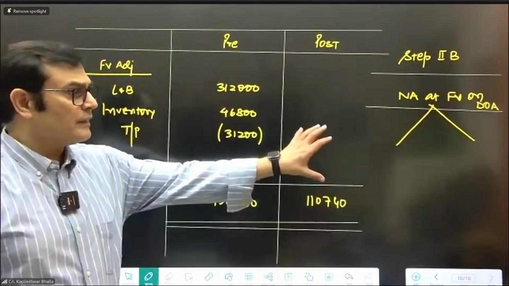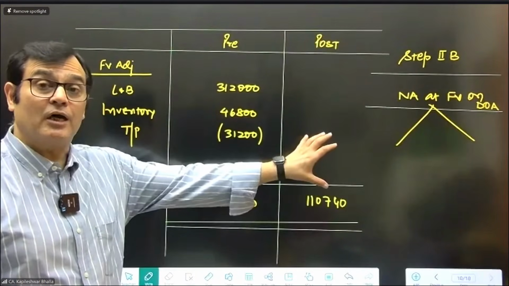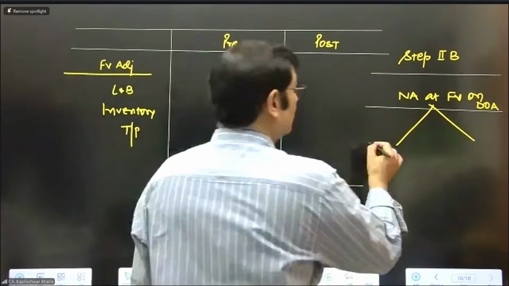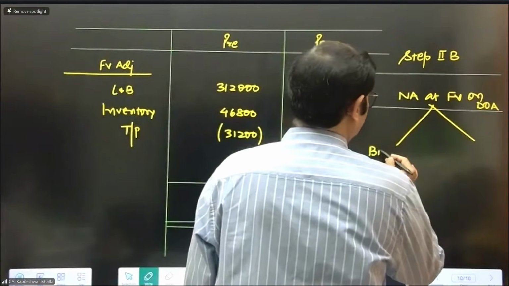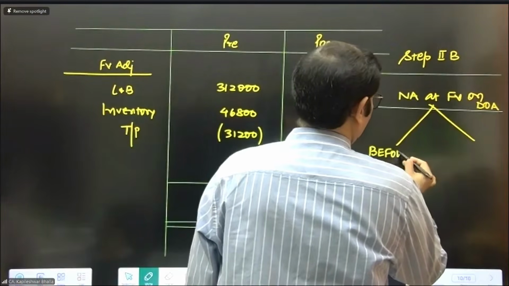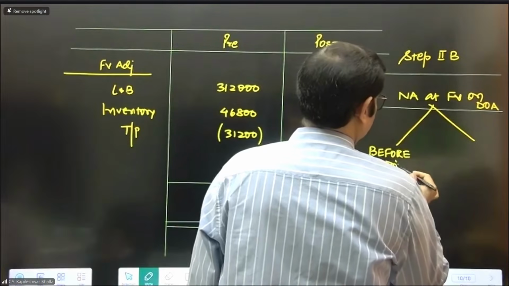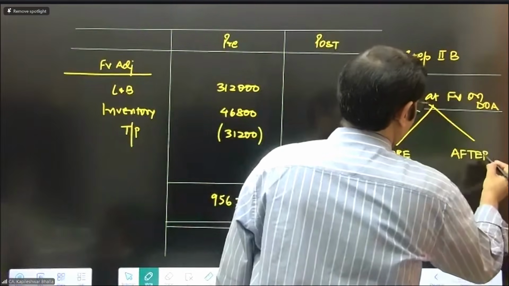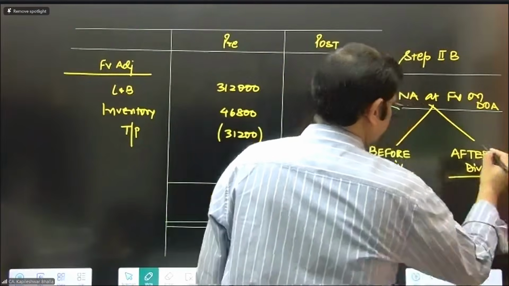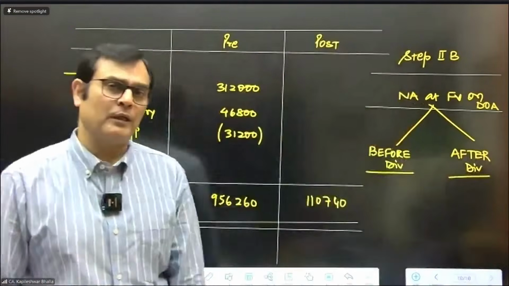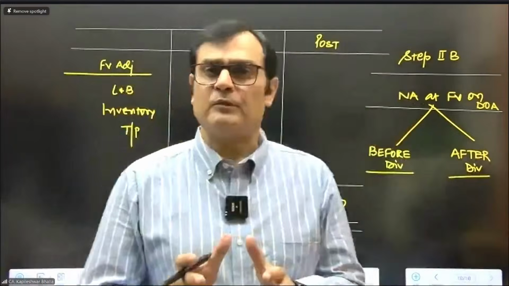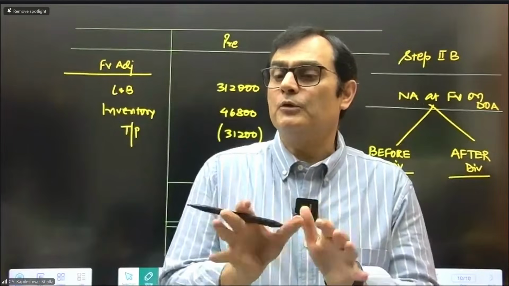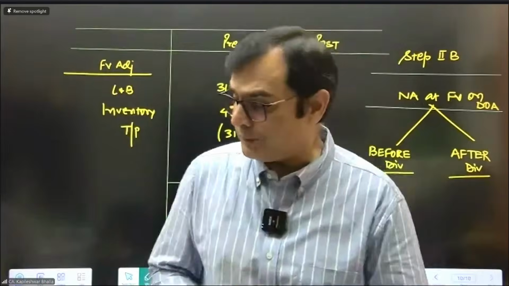One is after reduction of dividend, and one is before reduction of dividends. That would be a good exercise to do, because depending upon the subsequent steps, you will filter which information is required, and accordingly you can decide which information we need.